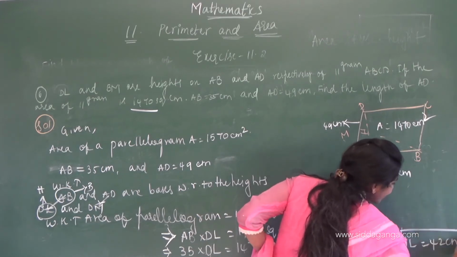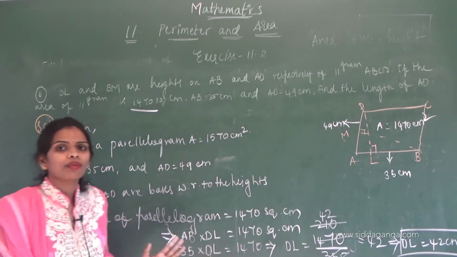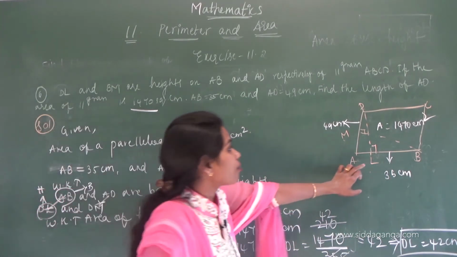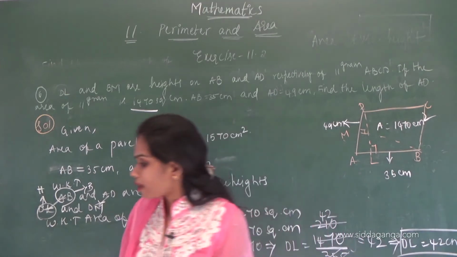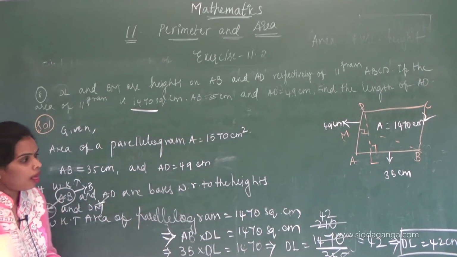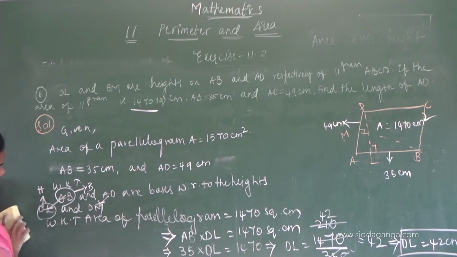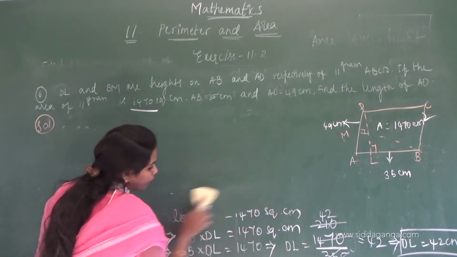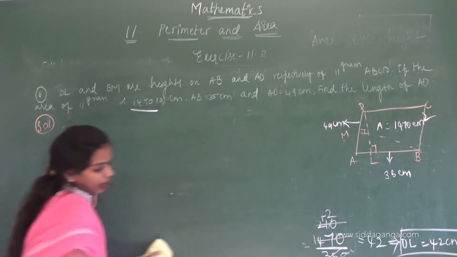We have found the DL. Same logic we have to implement when we are finding BM also. Okay then, okay children, continuing the problem here.